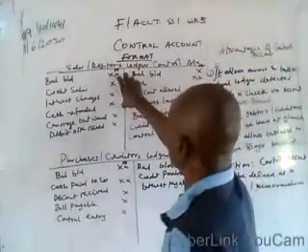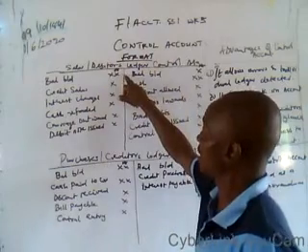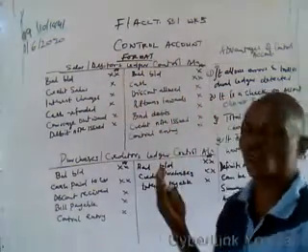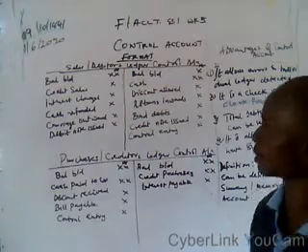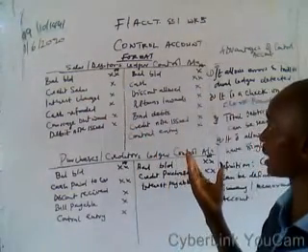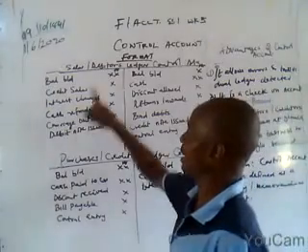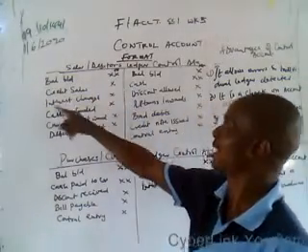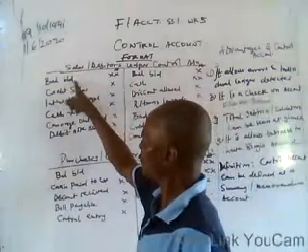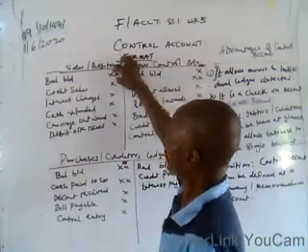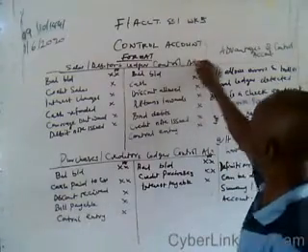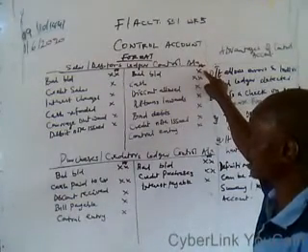It is possible to be given an opening balance, either debit or credit. If the opening balance is a debit, the figure must be on the debit side. If it is a credit, the figure must be on the credit side.